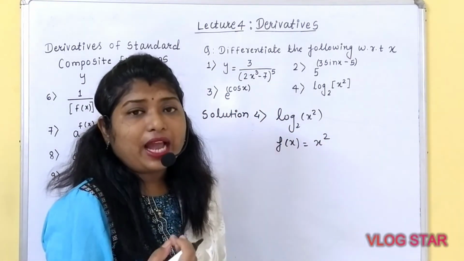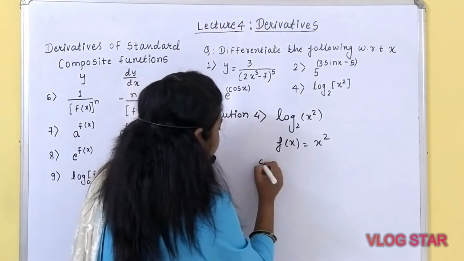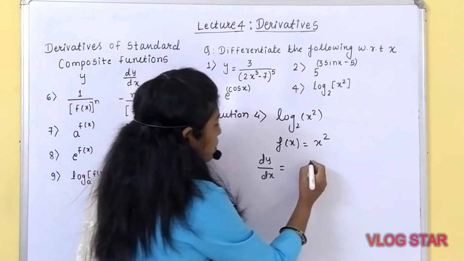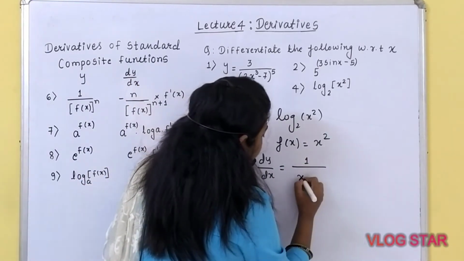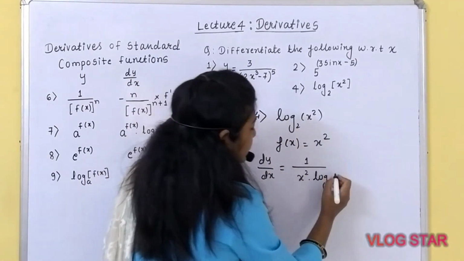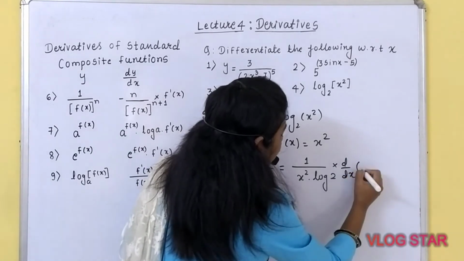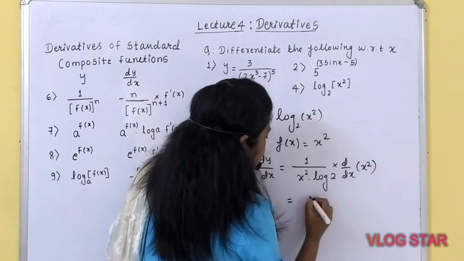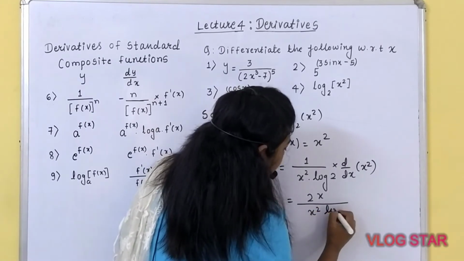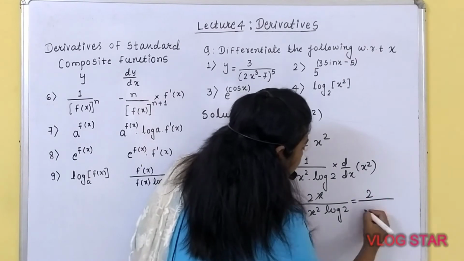So first we need to identify the f of x value, and then you have to apply the formula dy by dx is equal to 1 upon x square into log of a, in this case 2, into the derivative of f of x. The derivative of f of x is 2x upon x square log 2, which is equal to 2 upon x log 2.